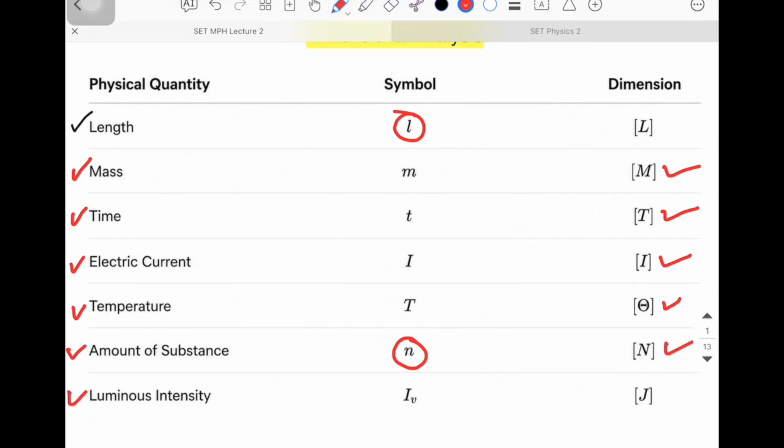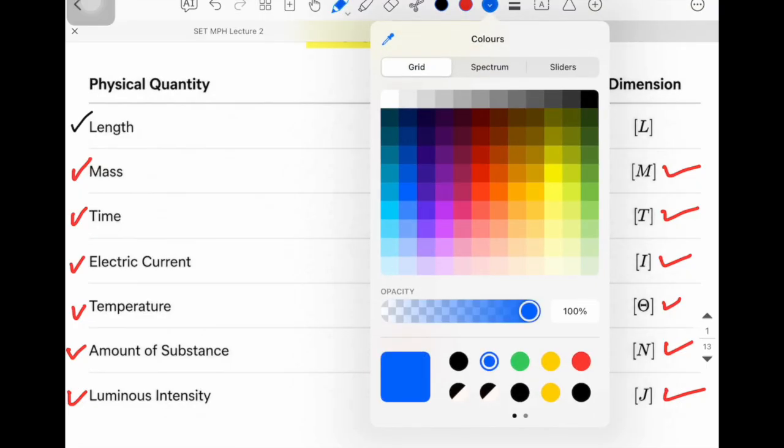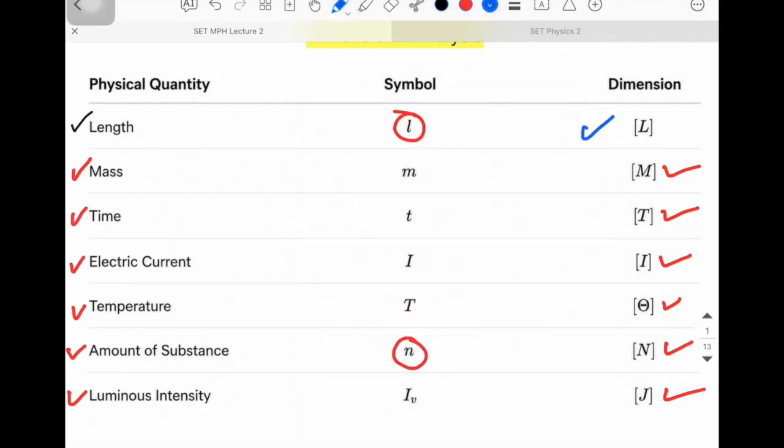And luminous intensity is represented by capital J. Among these, the dimensions of length, mass, and time are the most important, because most physical quantities involve these three, especially in classical mechanics. Electric current appears in quantities related to electromagnetic theory.